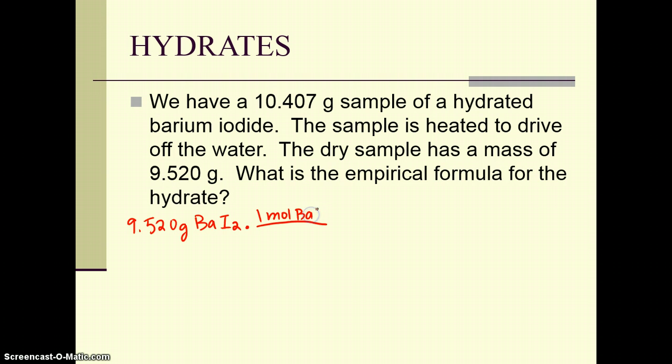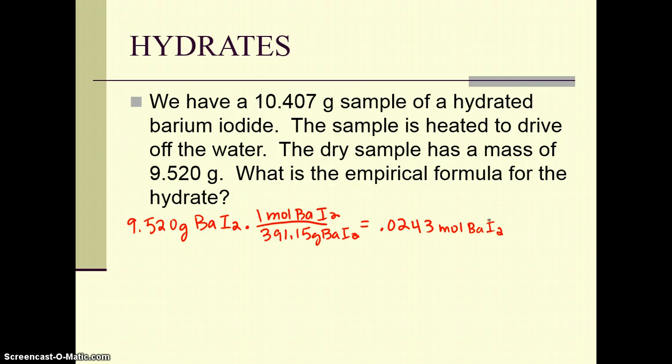So it's moles of BaI2, and the formula weight for that is 391.15 grams BaI2. And when I calculate that, I get 0.0243 moles of BaI2.